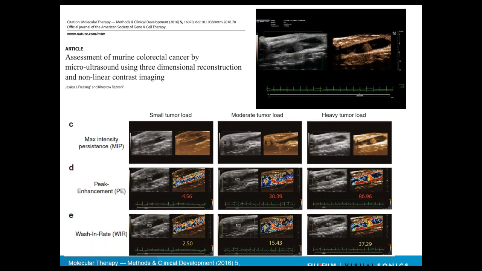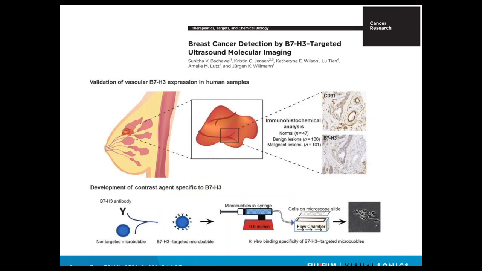Another example about tumor detection is this paper from Bachawal et al. And it's from 2017, as far as I remember. So in this case, no, it's 2015, sorry. In this case, the group, first of all, identified a target that could be a tumor marker in humans, and the target is B7H3.